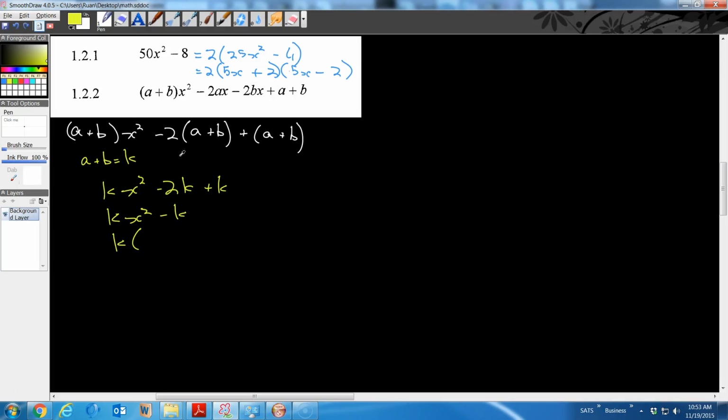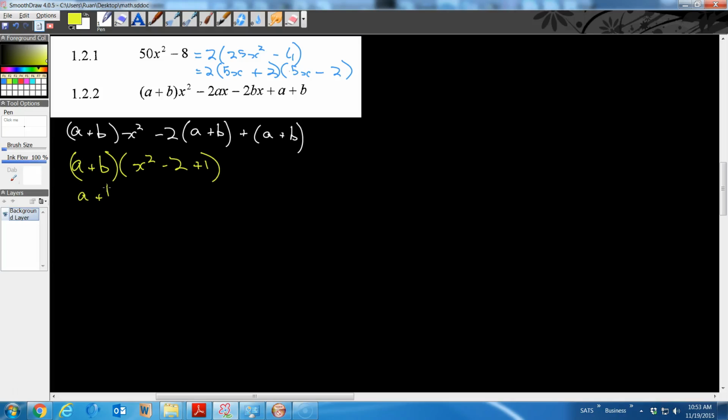So I hope that makes sense to you. Let's think about it in that way. So let's take a plus b out of every single term here. So a plus b, and then we'll be left with x squared minus 2 plus 1, which is obviously x squared minus 1, which is going to be, I suppose I should have equal signs here, huh?